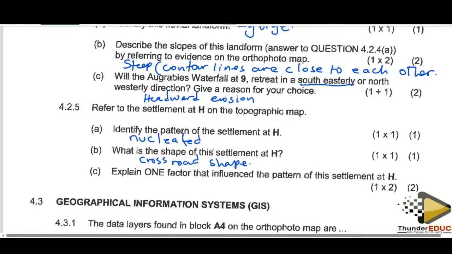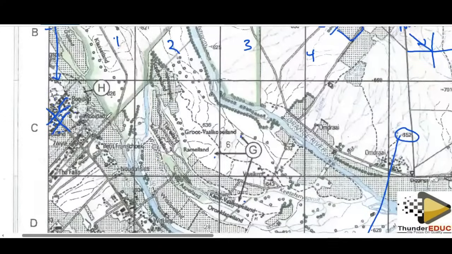Then they say, explain one factor that influenced the pattern of this settlement. Talk about transport because of the roads. That's why the shape is like that.